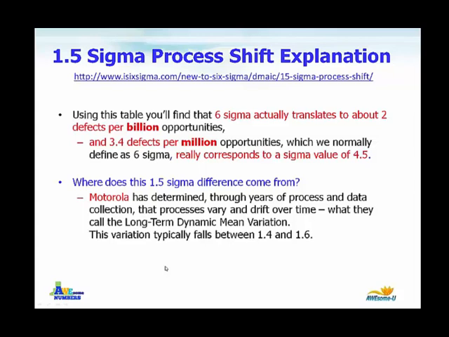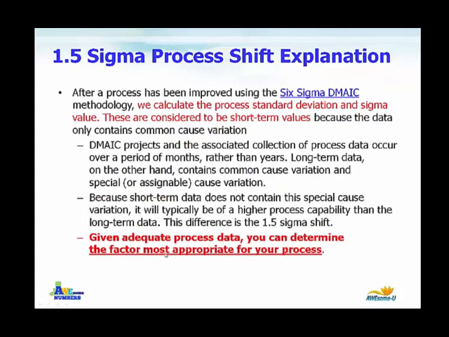I cannot see any reason to expect that viral load technology, immunochemistry, all of the things we do, the ELISA methods, etc., have the same z-value difference as Motorola in the 1980s. And again, at this site, they say given adequate process data, you can determine the factor most appropriate for your process.